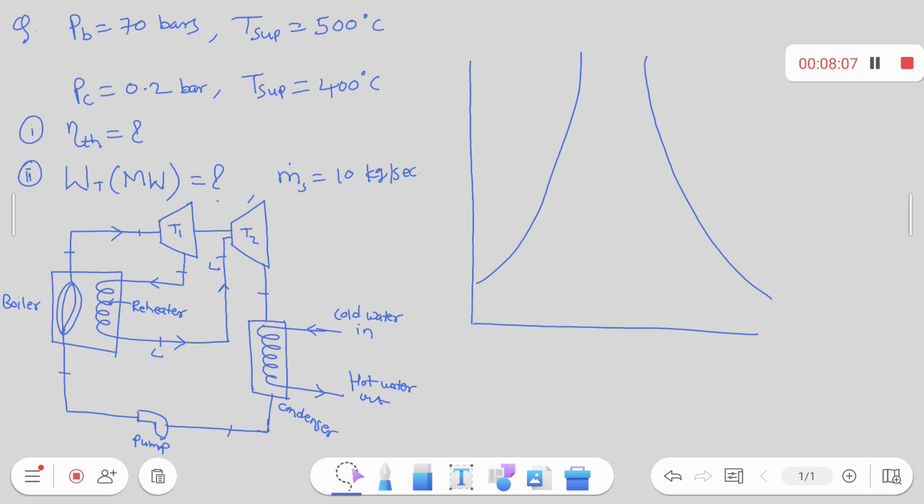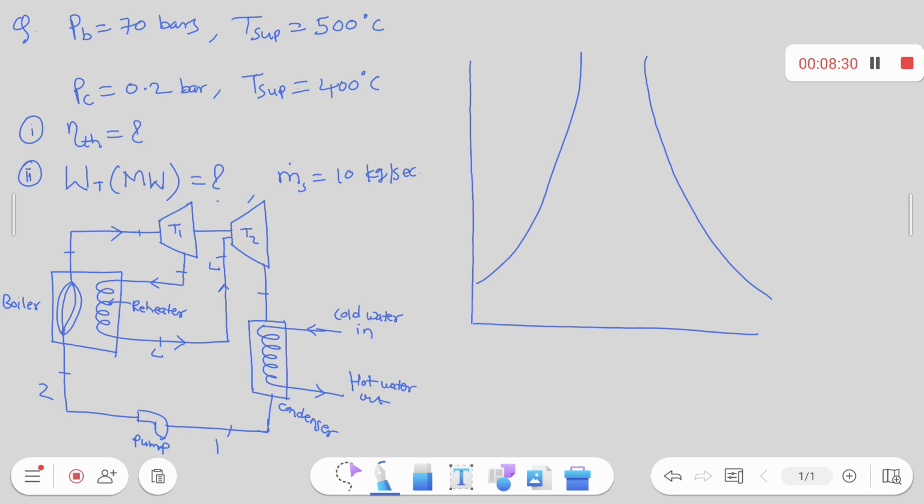This numbering you can take anyway, but I am going to draw the same notes. So this is going in. Input to the pump is 1, liquid. Then the pumping process is nothing but isentropic compression, 1 to 2.